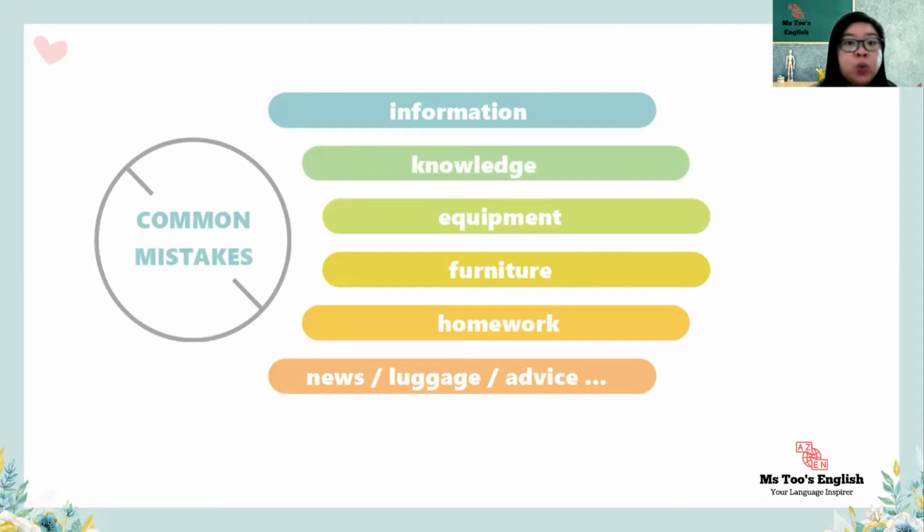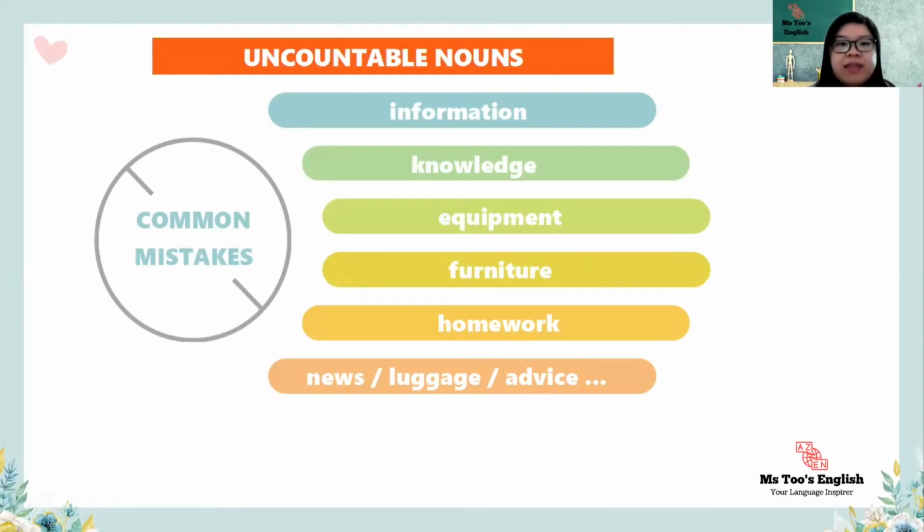I have one good news is wrong, because news is uncountable, so you cannot have an a in front. Luggage as well: luggage is uncountable, there's no luggages in English. Advice as well: no advices when it comes to the noun form. All these words are uncountable nouns.